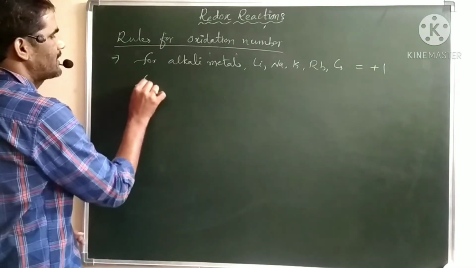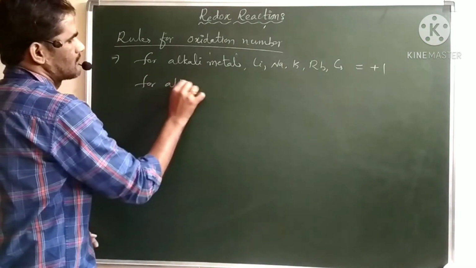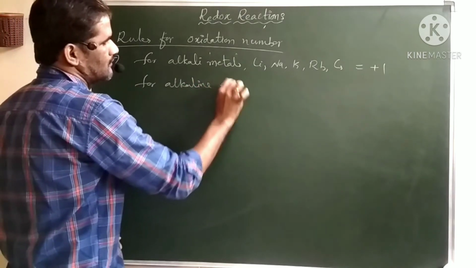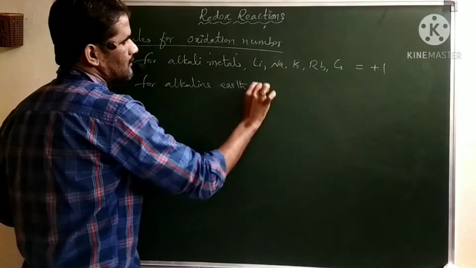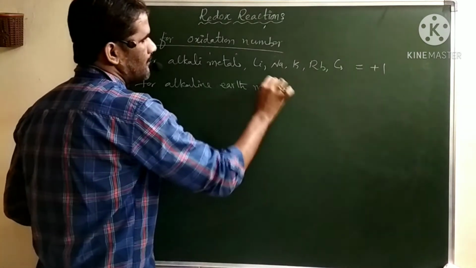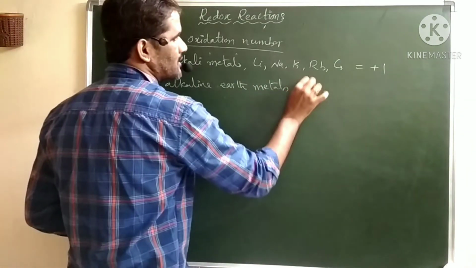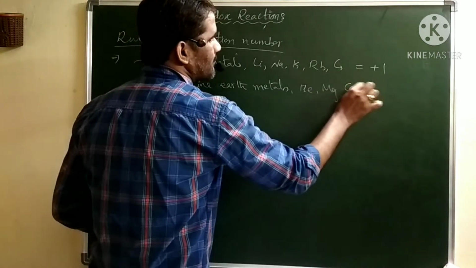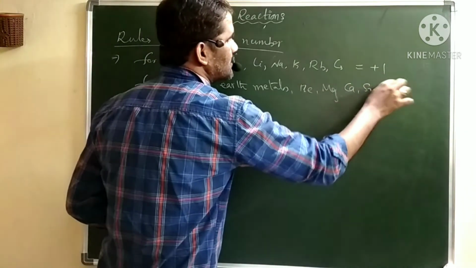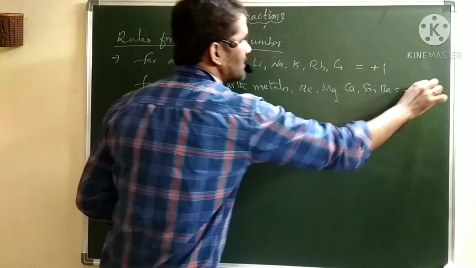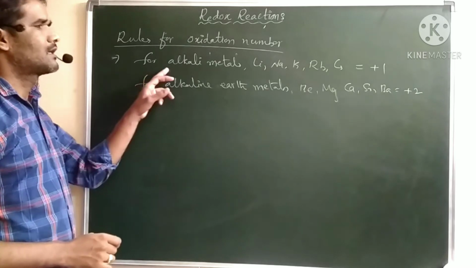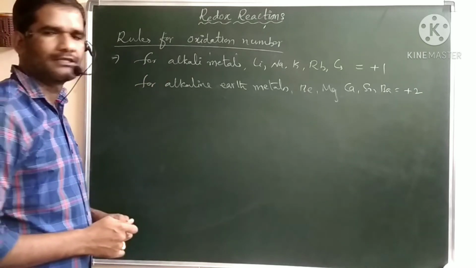The alkaline earth metals are beryllium, magnesium, calcium, strontium, and barium. In all these cases the oxidation state is +2. These are the fixed oxidation states for alkali metals and alkaline earth metals.